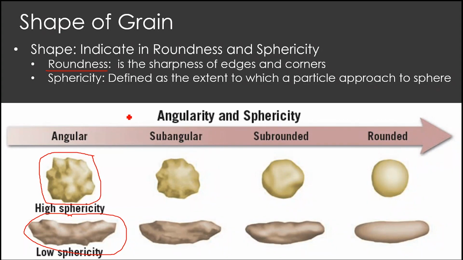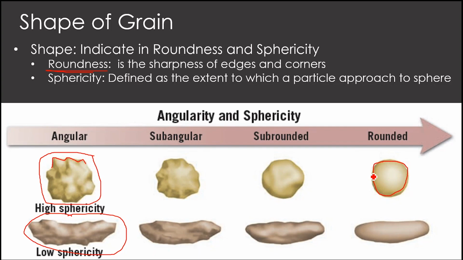Okay, I'm making it confusing again, let me make it clear. The roundness of a grain indicates the sharpness of edges and corners. In the first image we'll find a number of sharp edges and corners, whereas in this grain, the surfaces are very smooth.